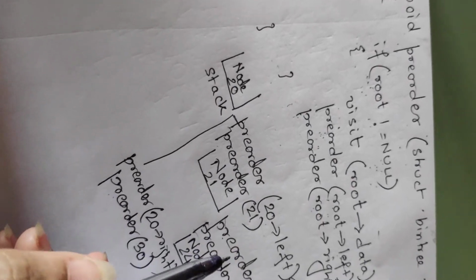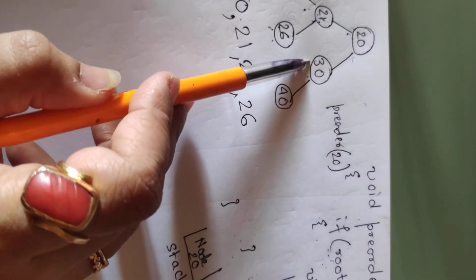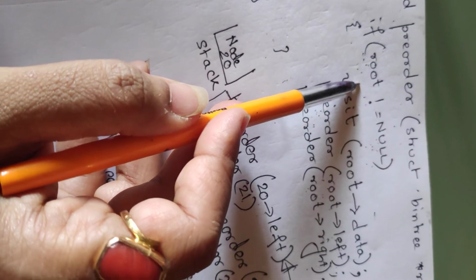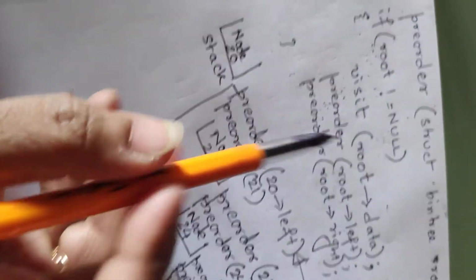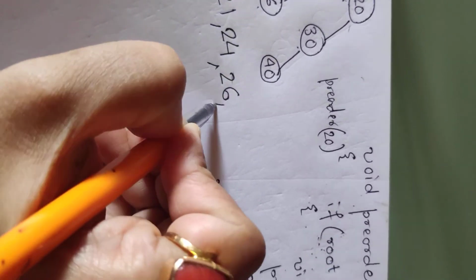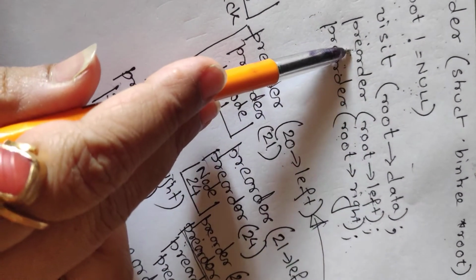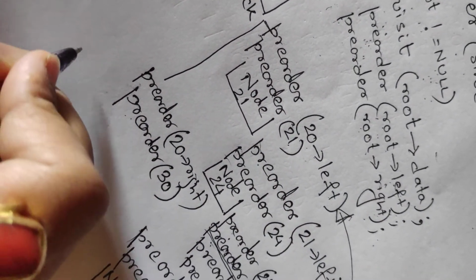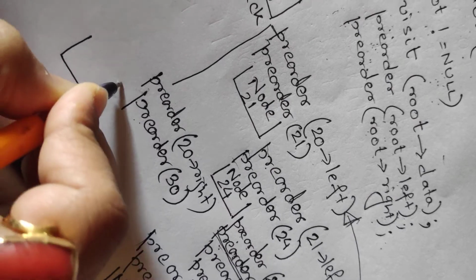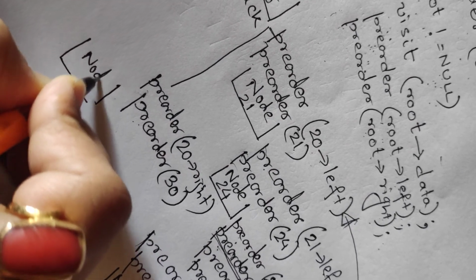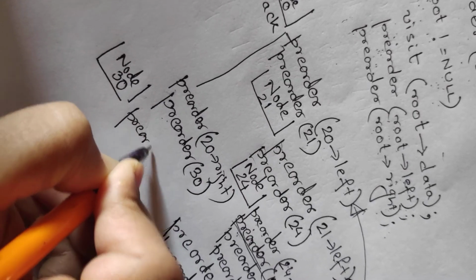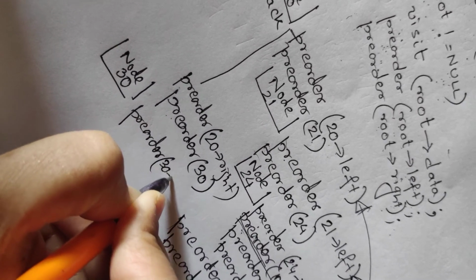Now as you call preorder 30, again your recursive call starts. 30 is not equal to null, so you visit the root data. So you visit 30. After that you call preorder root left. So at this point everything related to node 30 gets saved onto the stack and you call preorder 30 left.